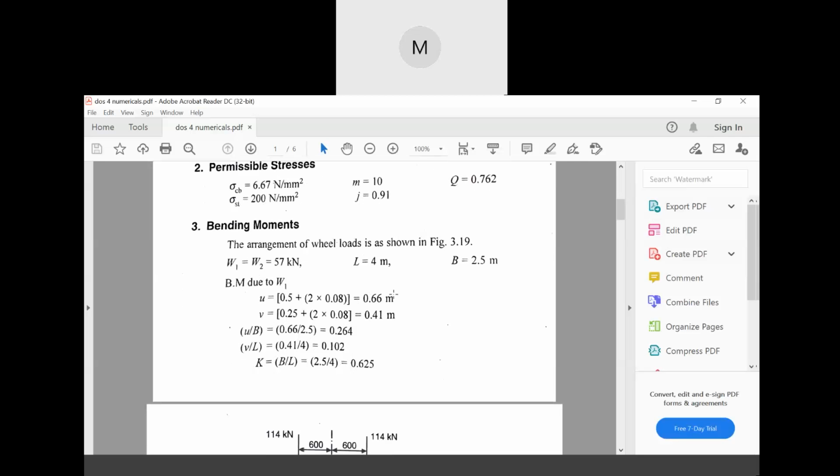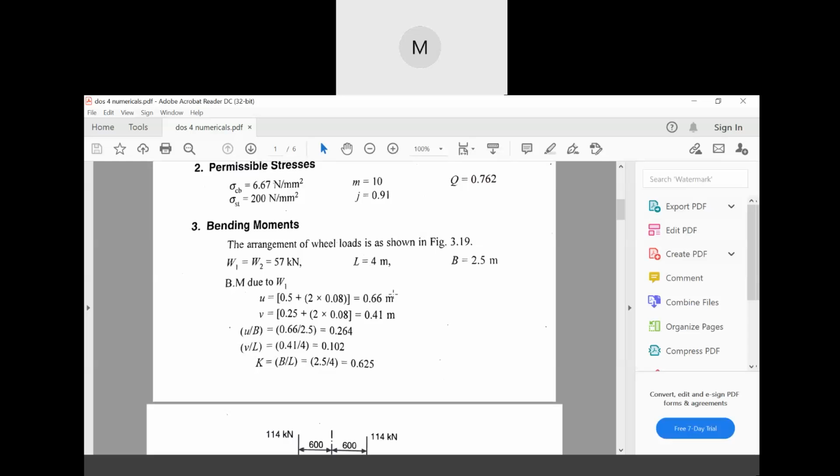So U and V values you have to find out, just like we found out while doing the numerical for Pigeaud's curve. So this U and V initially you find out.